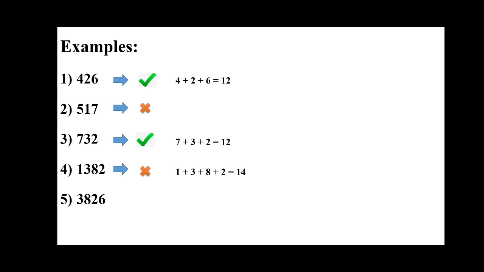The ones place digit is 6. So, 3826 is divisible by 2. 3 plus 8 plus 2 plus 6 is equal to 19. 19 is not divisible by 3. So 3826 is not divisible by 6.